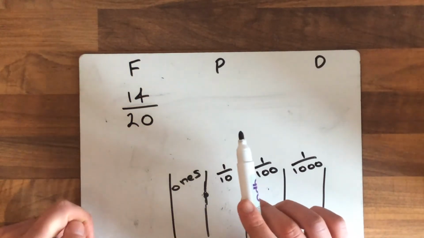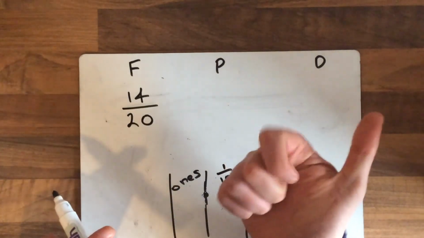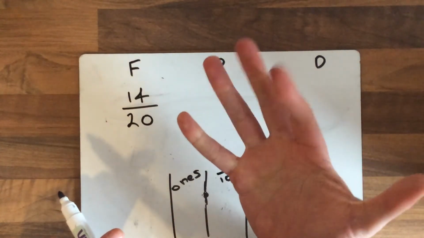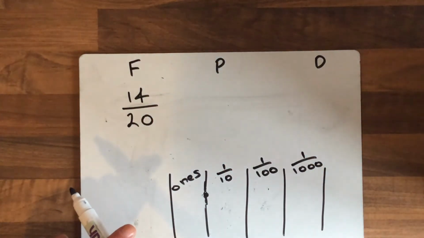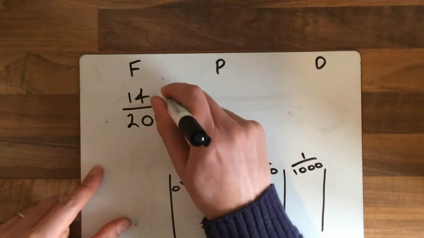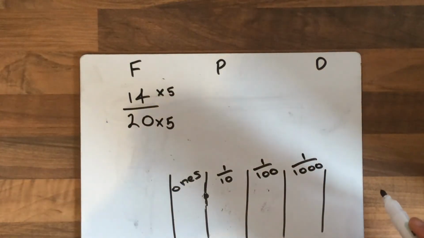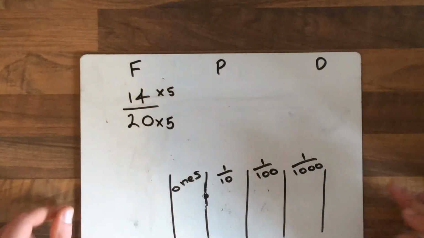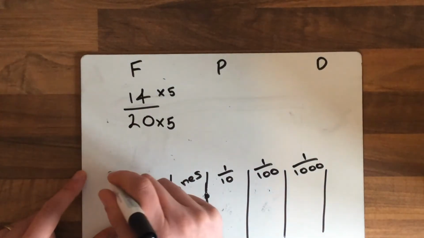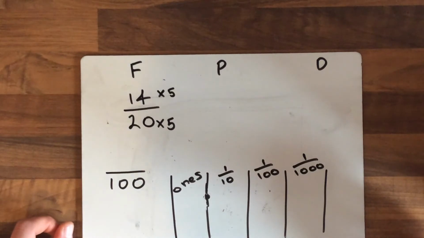You could count up in 20s, 20, 40, 60, 80, 100, get to 5 there. So we know that we are timesing by 5. We need to do exactly the same to the numerator as well, because it turns it into an equivalent fraction, just like that.